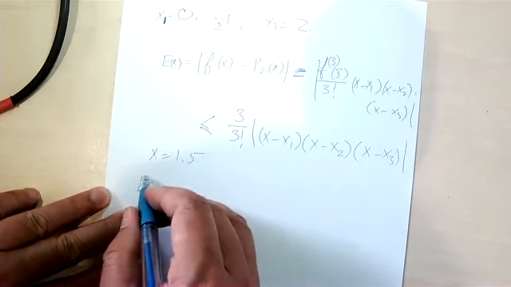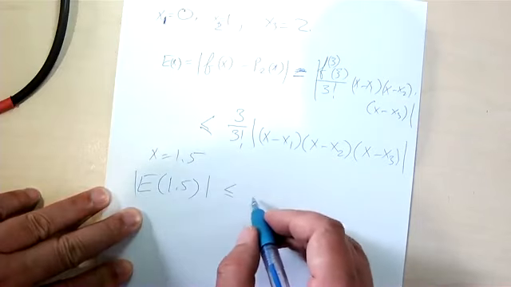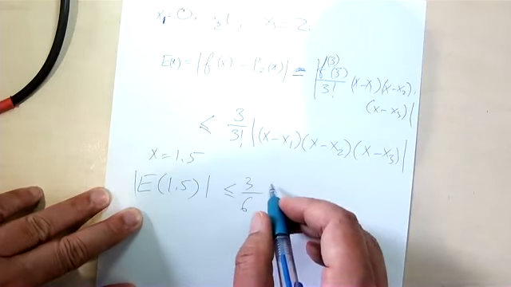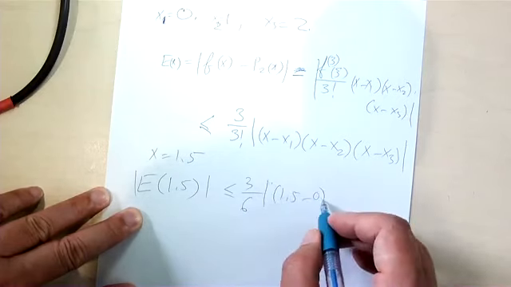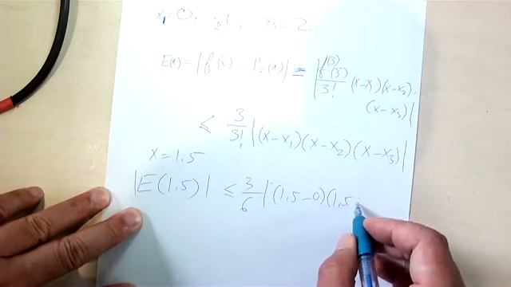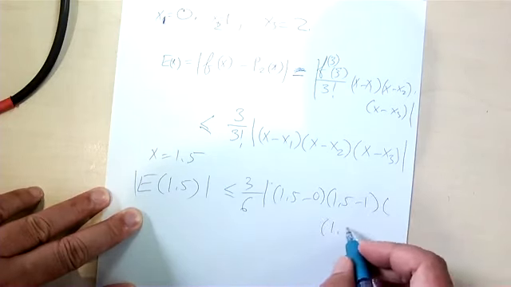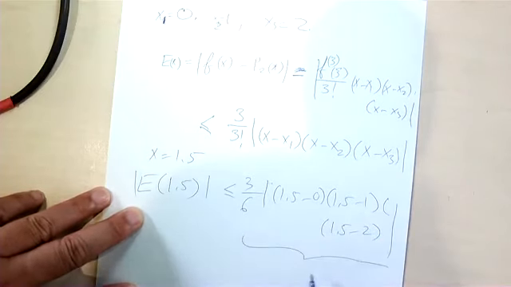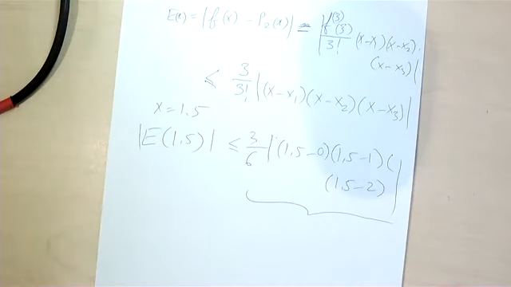Then you have e at 1.5 is bounded by 3 over 3 factorial, which is 6, times (1.5 minus 0)(1.5 minus 1)(1.5 minus 2). So you put it in the calculator, then you get some number here. Okay, so that is how you apply the theorem.